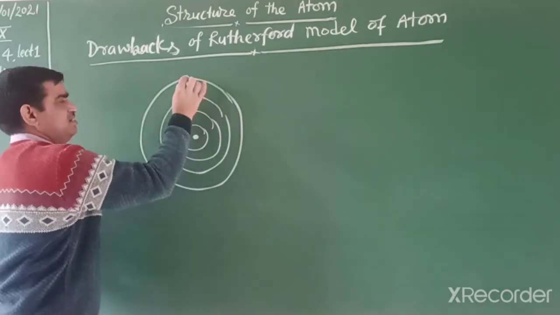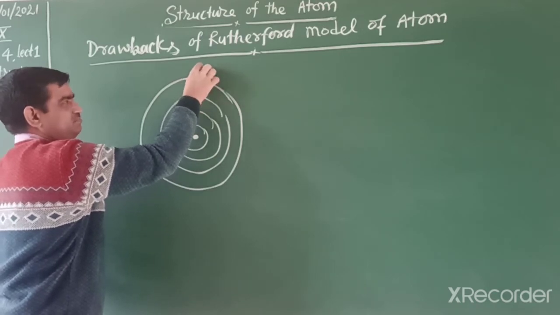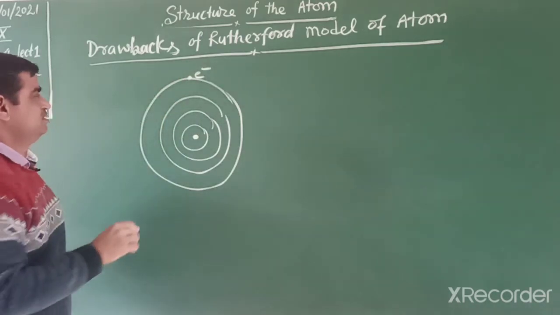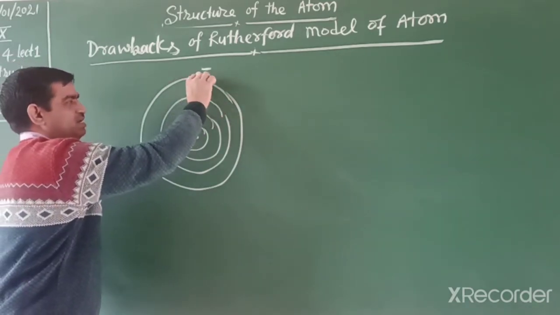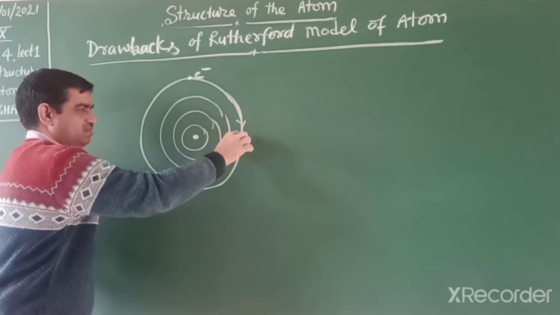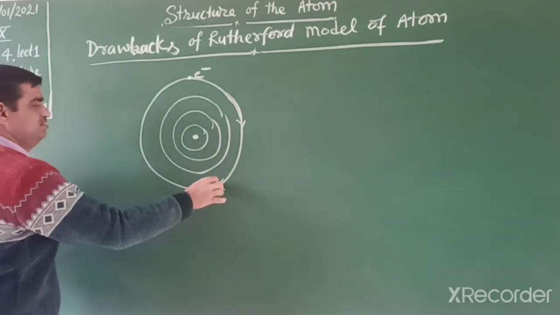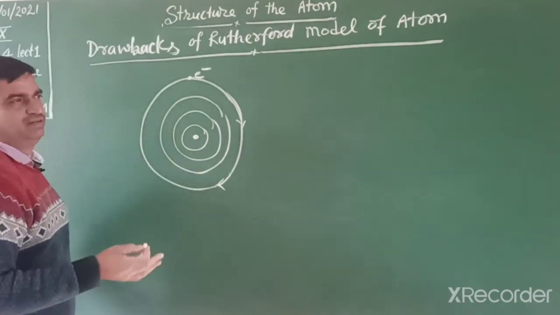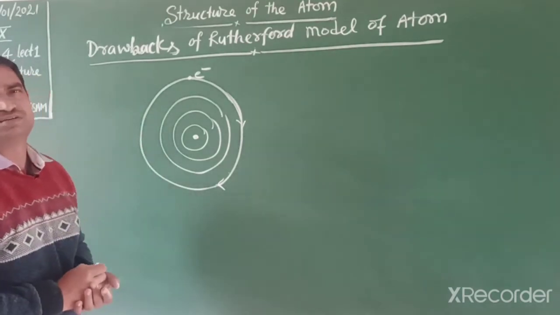Students, if an electron remains on this orbit, then what happens? Because it is a charged object, when a charged object revolves, there is a change in direction. Due to the change in direction it accelerates, and due to acceleration, energy is released as radiation.